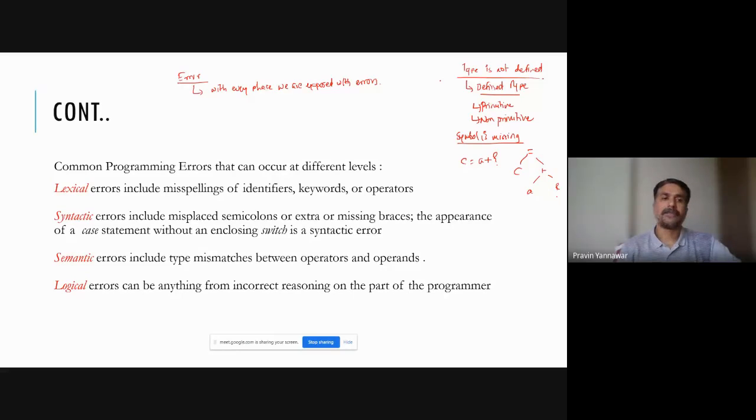But if you look at lexical analysis, what are those errors? Errors include misspellings of identifiers. Let's say I define an integer my age.